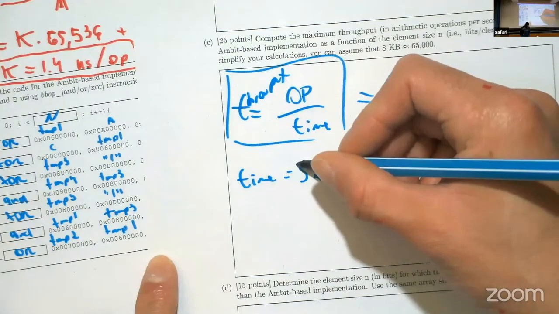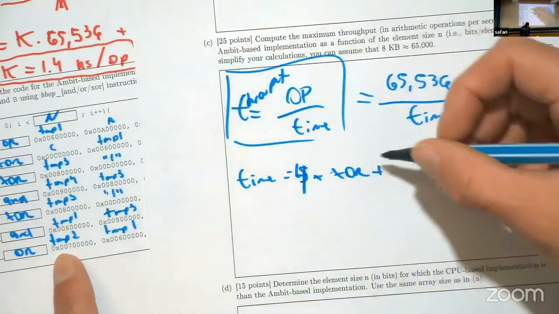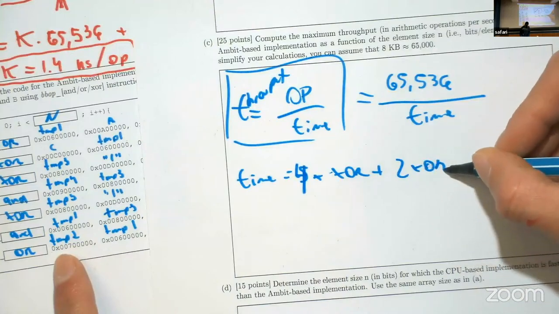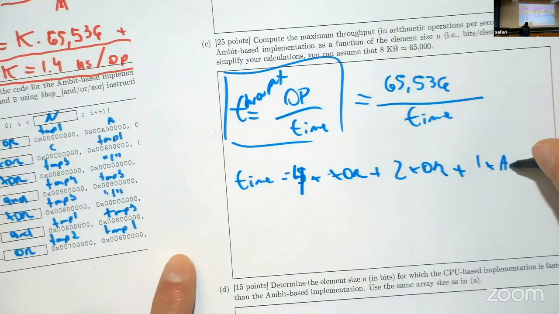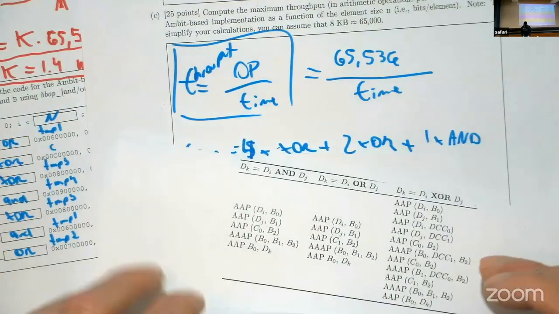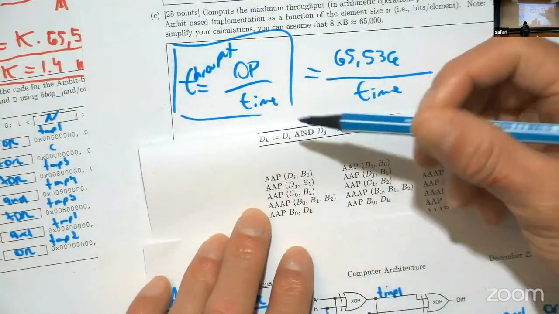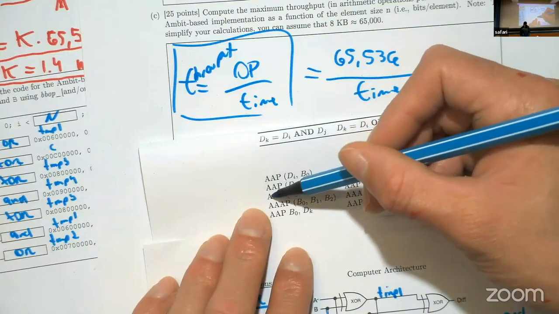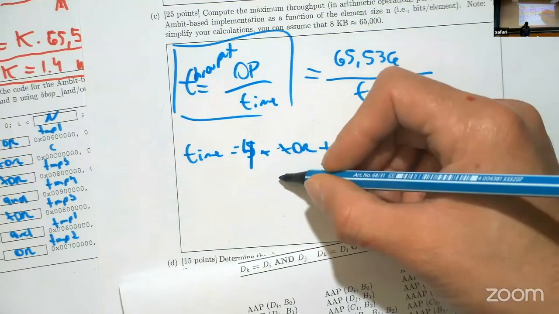It's 4, plus 2 ORs, plus 1 AND. Then you go to this table and count the number of activations that each one of them does. Like AND does 1, 2, 3, 4, 5, 6, 7, 8, 9, 10, 11, 12, 12 activations.